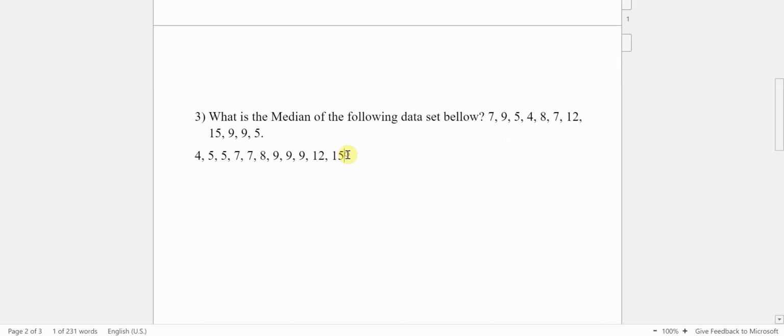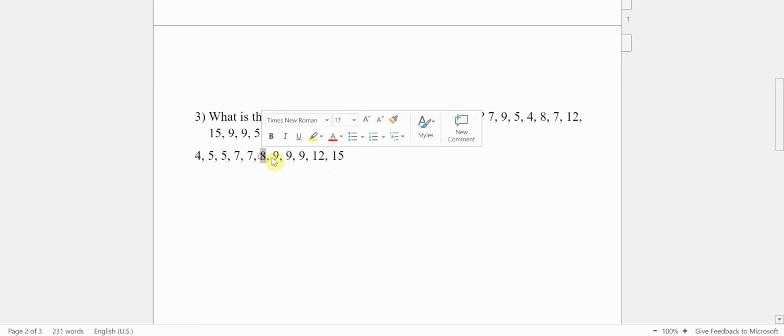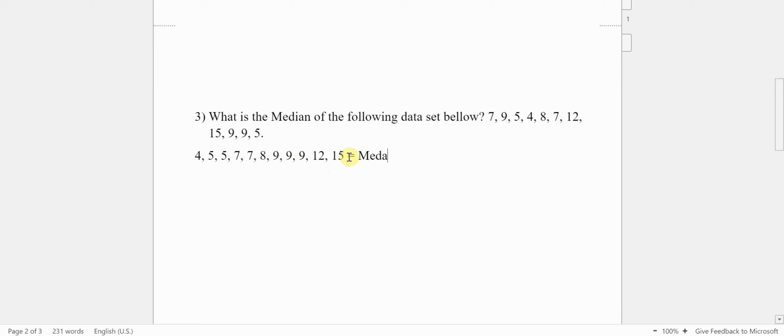So 8 is our median. But if 8 and 9 were the middlemost numbers, then you find the average of 8 and 9. 8 plus 9, 17. 17 divided by 2, 8.5. But in this case, 8 is the middlemost number and there's only 1. So our median is equal to 8. Let's go to the next problem.